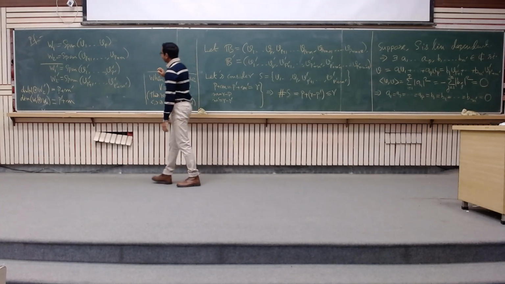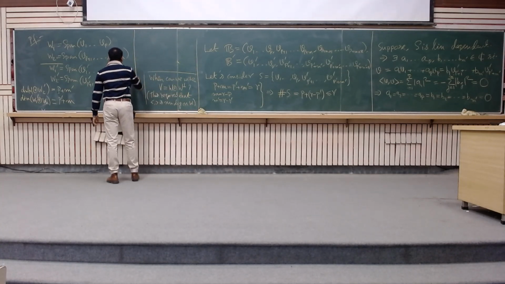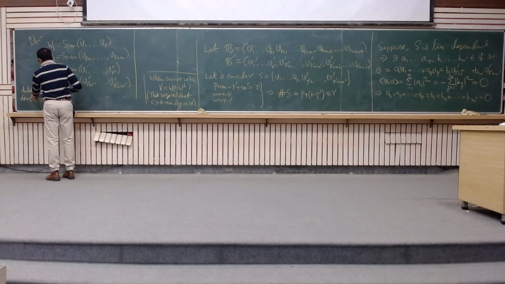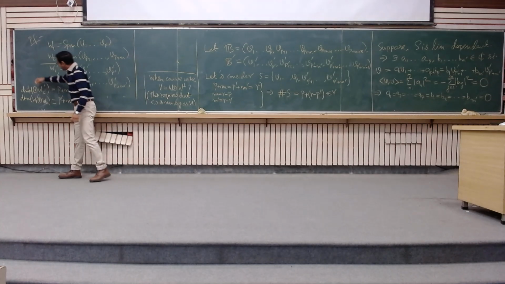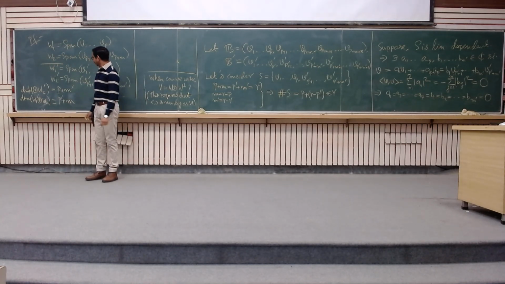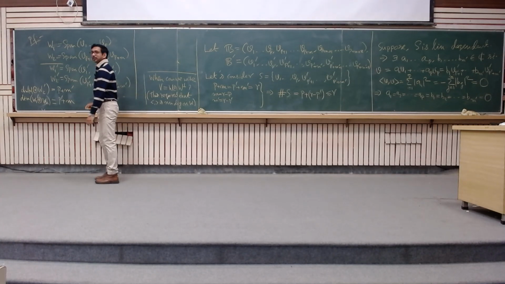Now note that, at first, does this set have any intersection with V perp? It cannot have an intersection with V perp, right? And if it cannot have an intersection with V perp, we'll be done. So can you complete the proof from this onwards? If not, then let's talk about this again. But try to complete the proof from here.